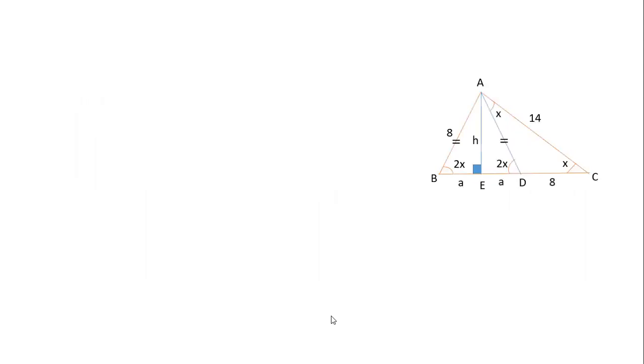So now you got A. Now H square is equal to 8 square minus A square, from equation 1. So H square is equal to 8 square minus (17 upon 4) whole square.